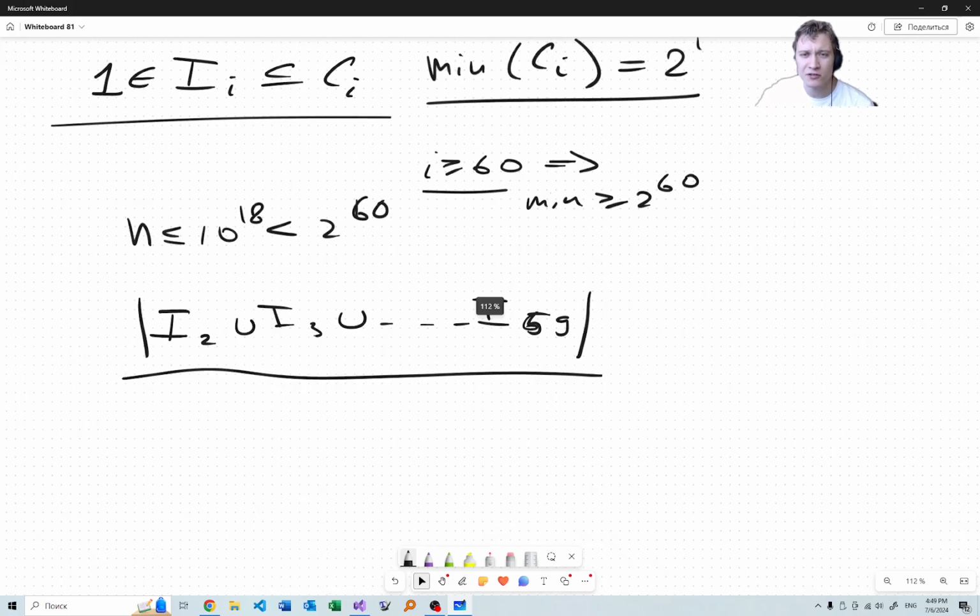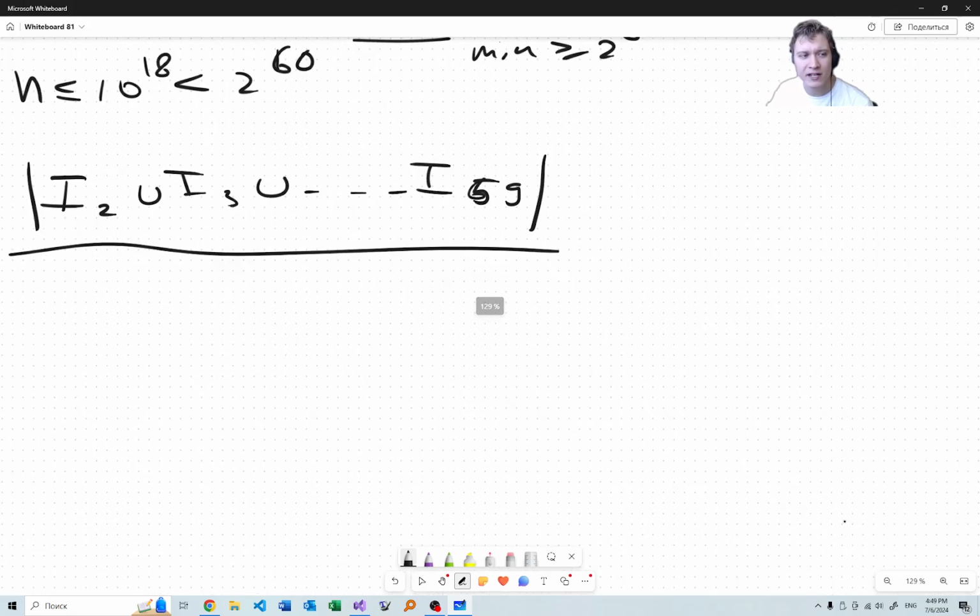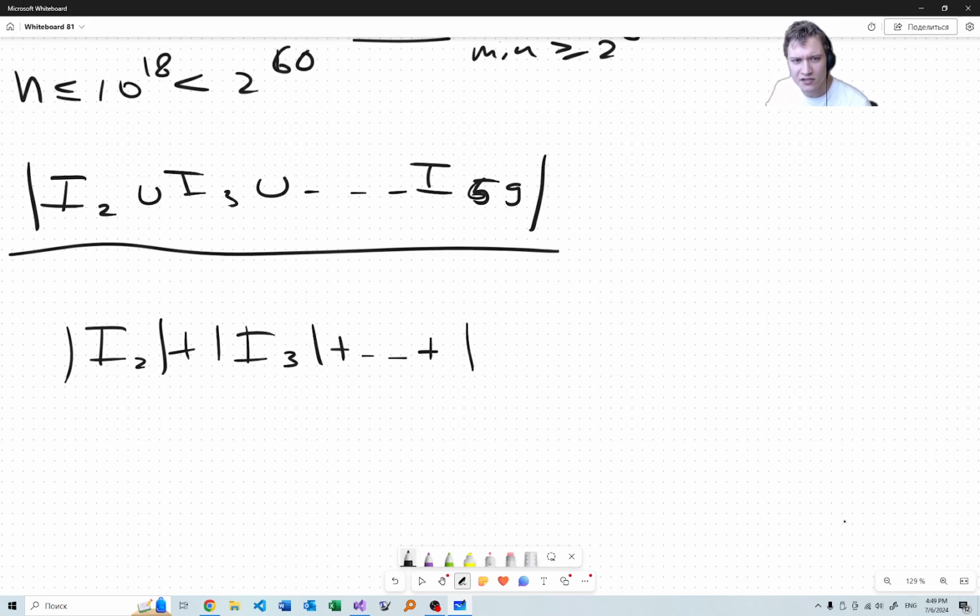The first approach that you might try is to simply calculate like this: the size of I2 plus the size of I3 plus etc. up to I59. Unfortunately, this does not work because these unions are not disjoint.